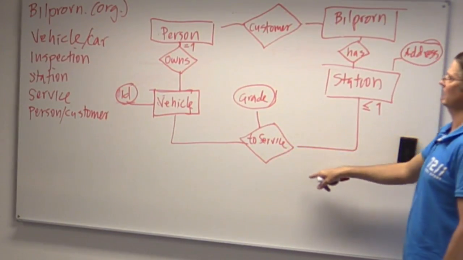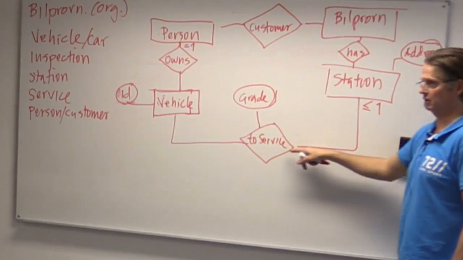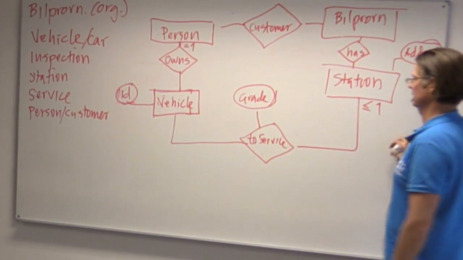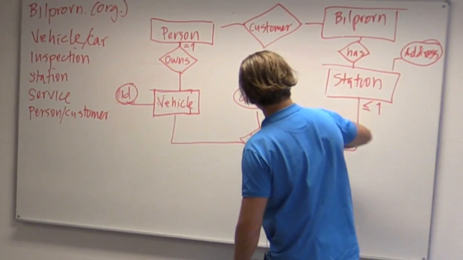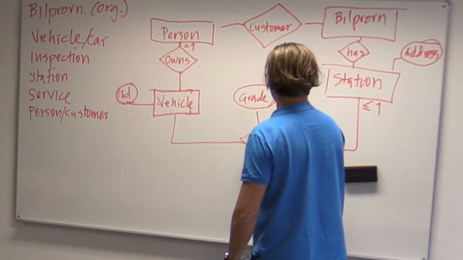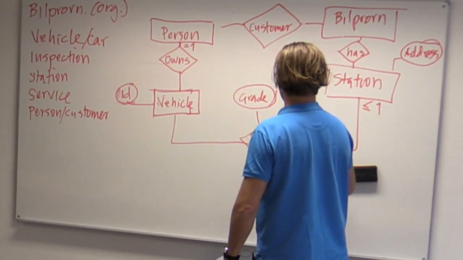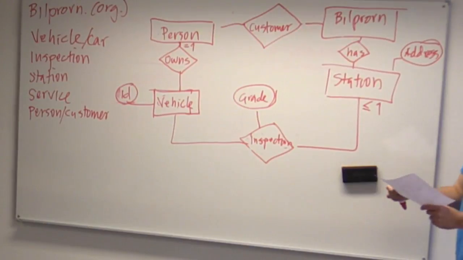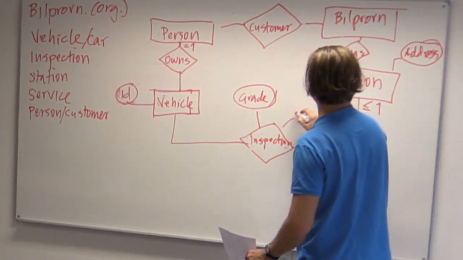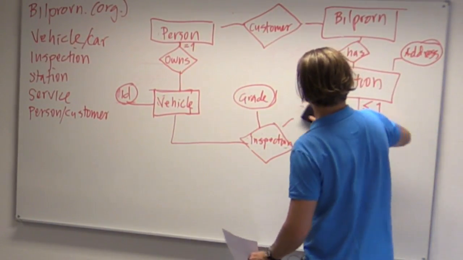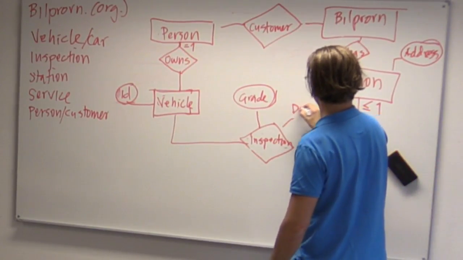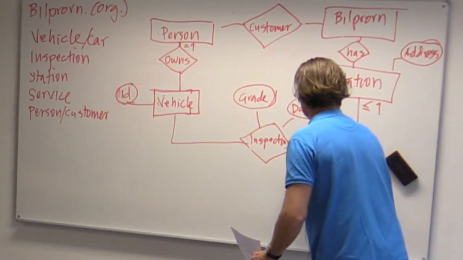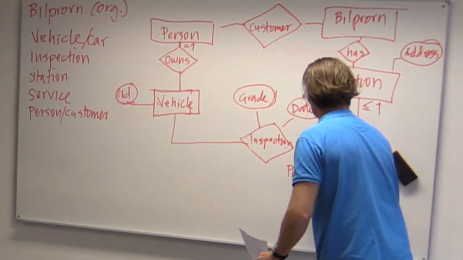It feels more like, okay, my vehicle is going for an inspection to a station. And suddenly that grade thing feels a lot better. It has a date. And it has been paid or not.